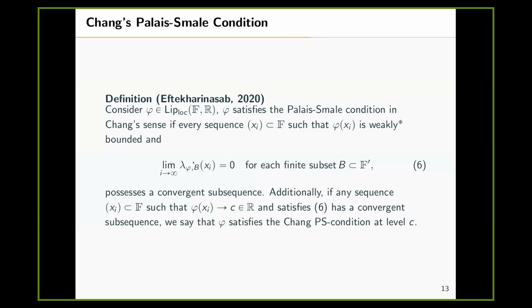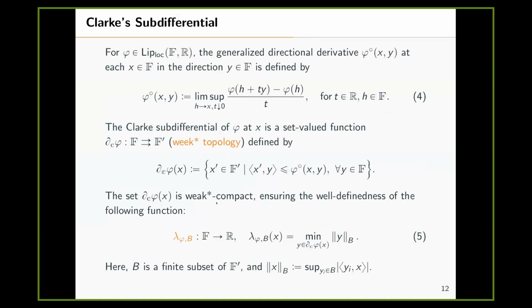To achieve that goal, we'll use this collection of auxiliary functions, lambda, f, and b, defined on the space F.